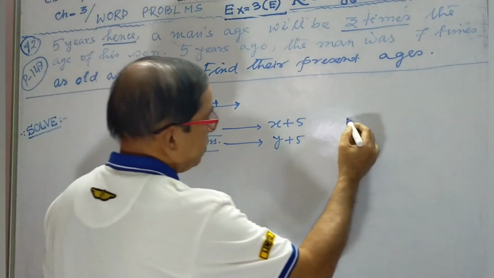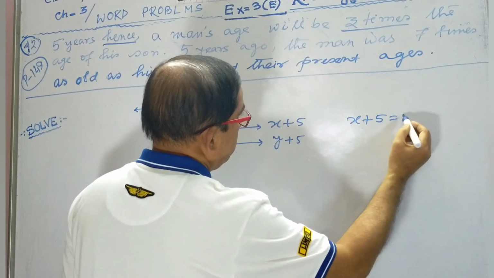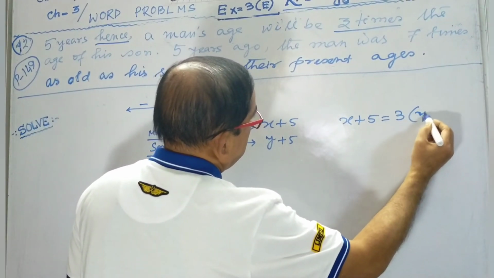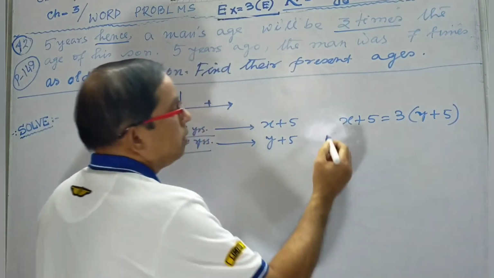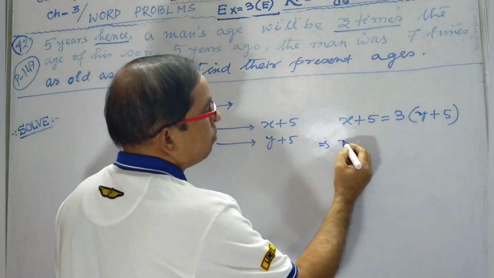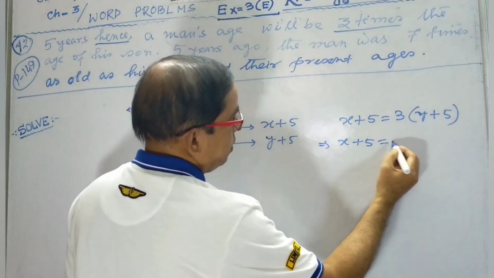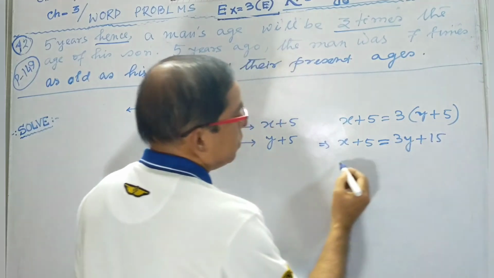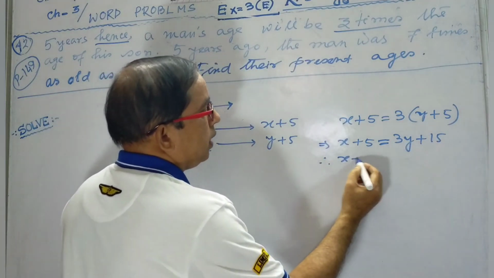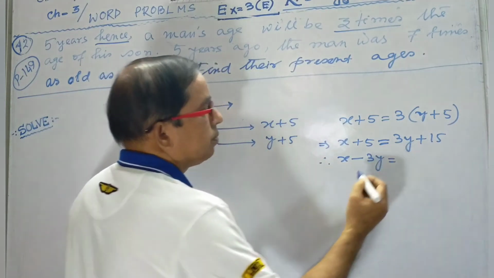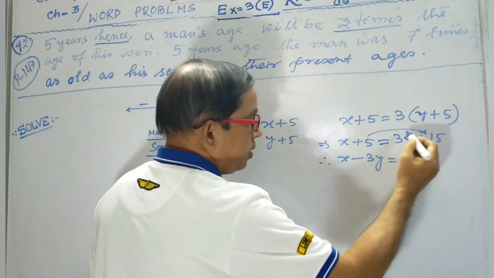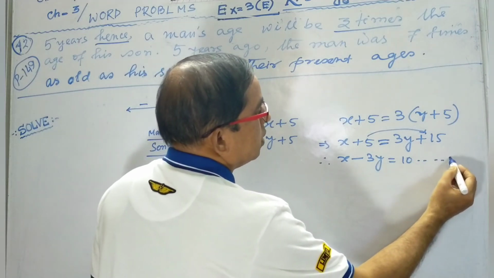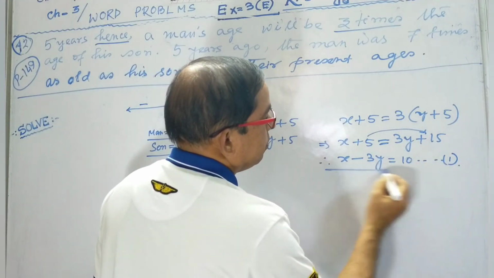That is, x plus 5 will be 3 times the age of the son, y plus 5. From here we can make an equation: x plus 5 equal to 3y plus 15. Therefore, x minus 3y equals 10, because 15 minus 5 is 10. This is equation 1.